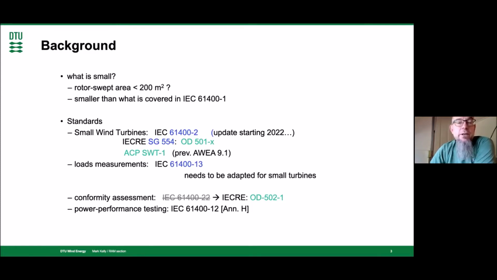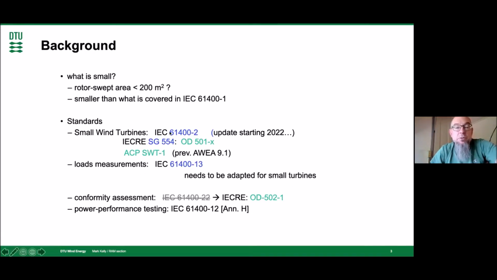So it's kind of a tricky thing. At any rate, we're mostly interested in yet smaller stuff, under, say, 50 kilowatts, pretty commonly.